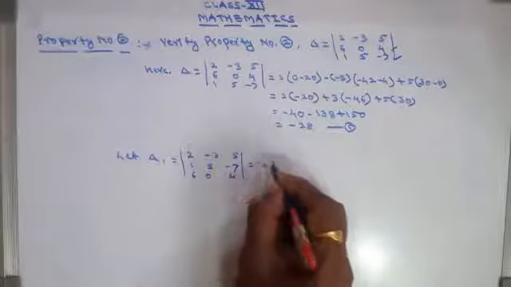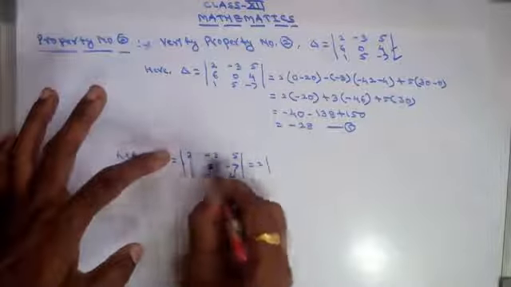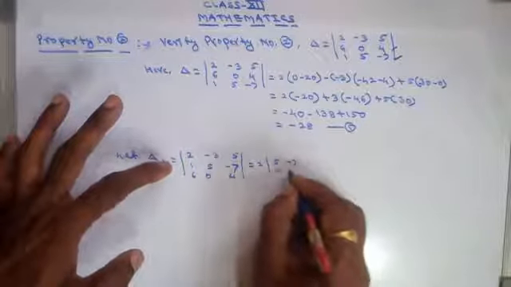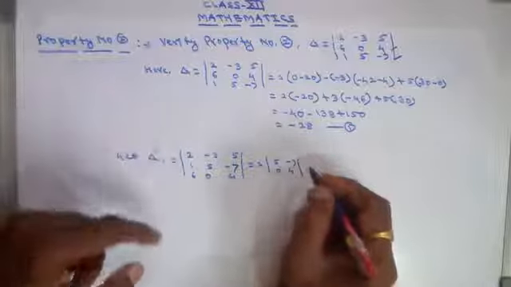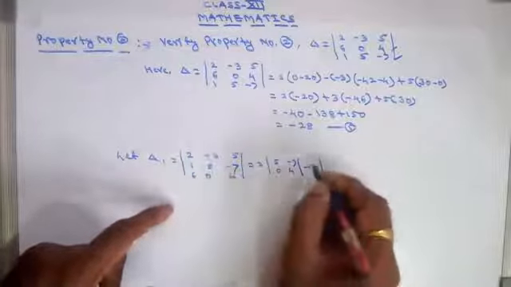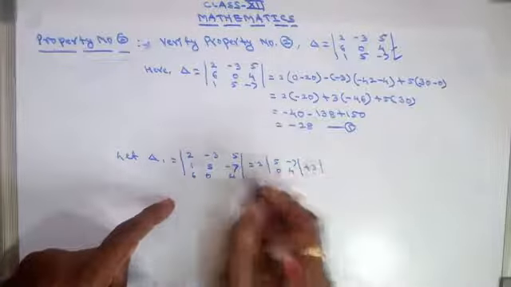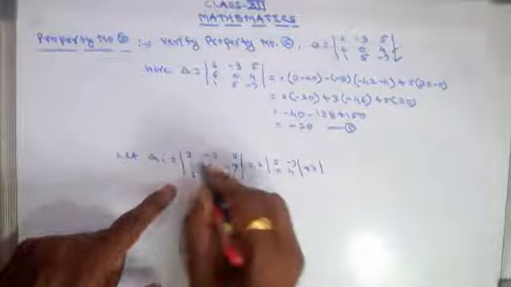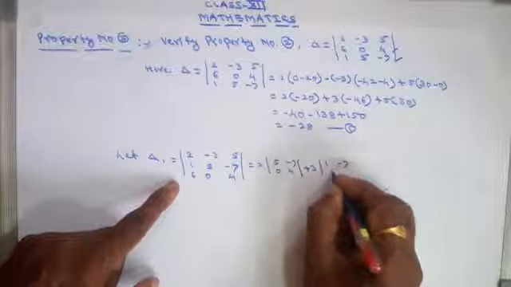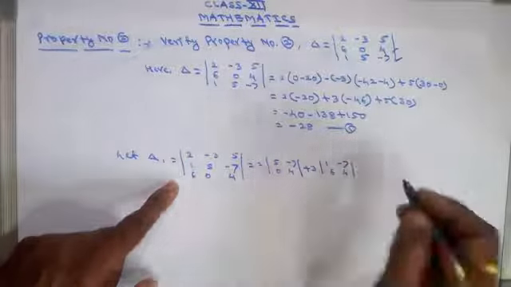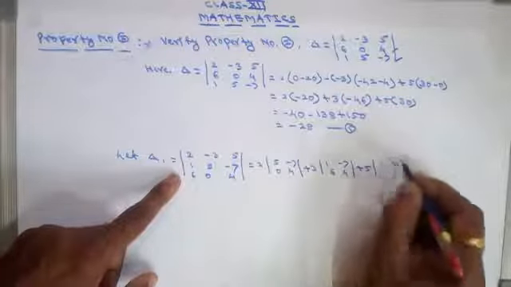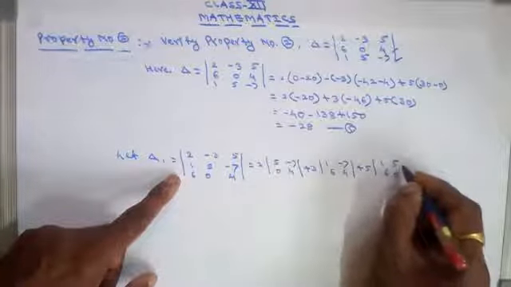So this will be 2 into, leave this row and this column, so 5 minus 7, 0 and 4. Then minus 3 into, minus of minus 3 becomes plus 3, no problem, into this row and this column, 1 minus 7, 6 and 4. Then plus 5 into 1 5, 6 0.